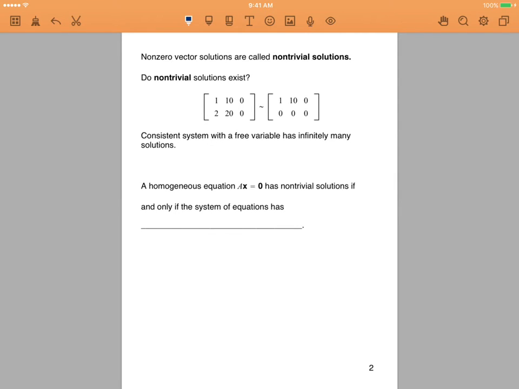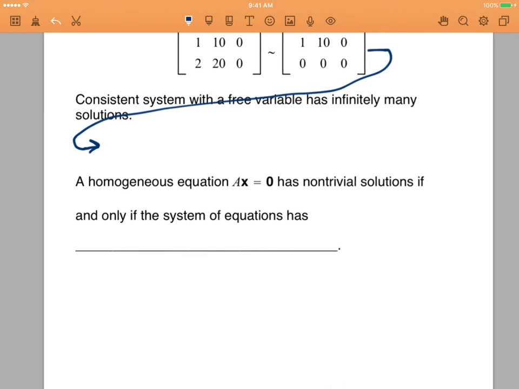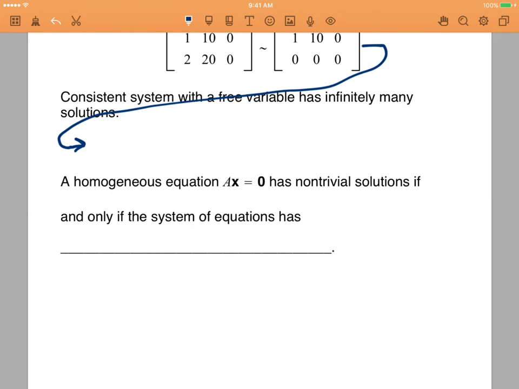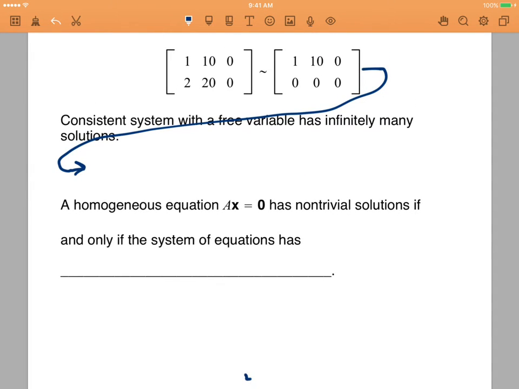Here's the reduced echelon form, which basically ends up eliminating the second row. If we write this out the normal way, we just have the single equation from the top line, 1x1 plus 10x2 equals 0.